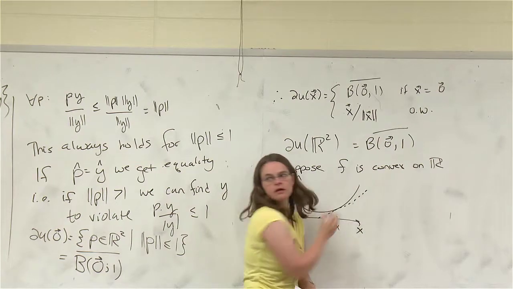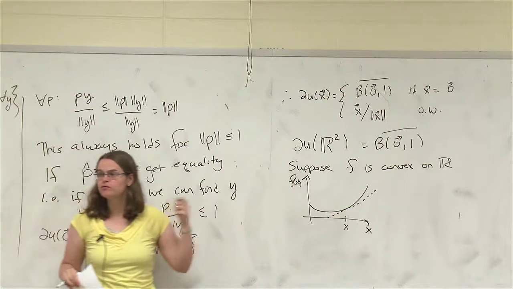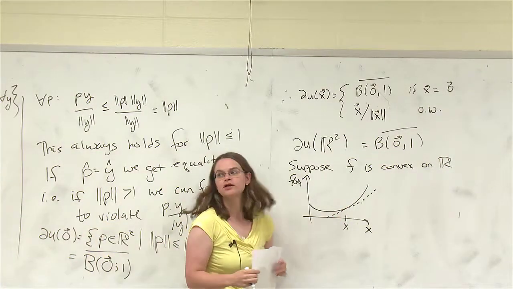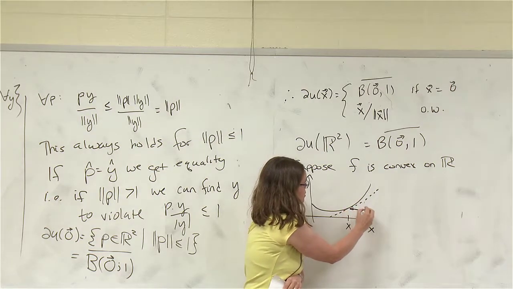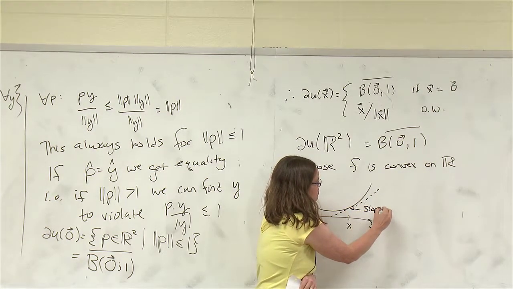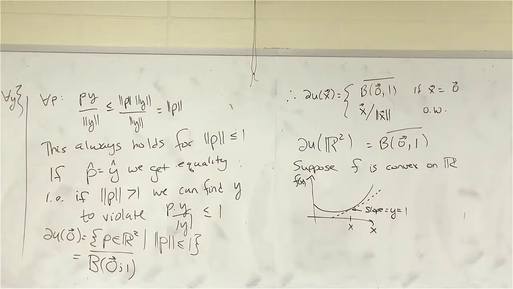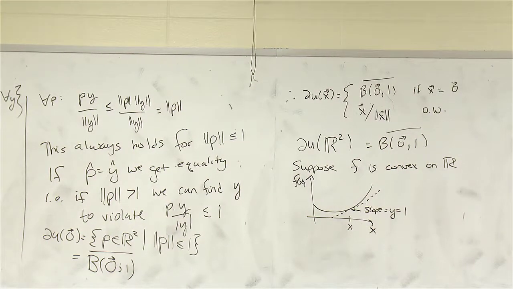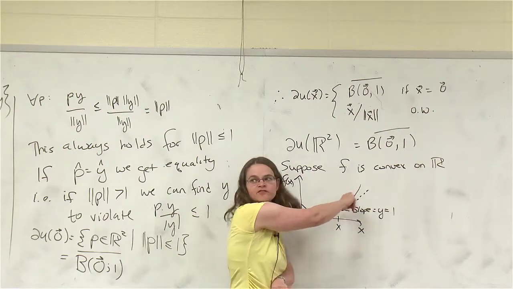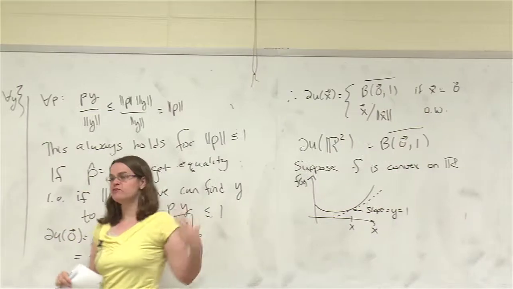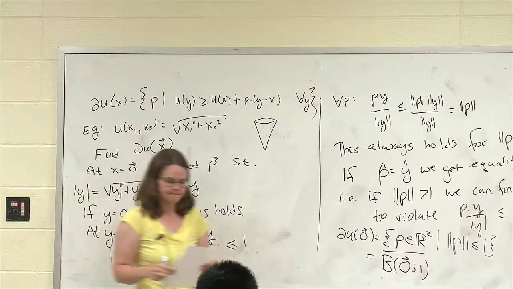Well, if things are nice enough, we have uniform convexity, identifying the slope also uniquely identifies where we are on here. So I might say here, the slope y is equal to 1. And that would be another way of identifying where I am on here. I could say, where's the slope equal to 0? That finds a point. Where's the slope equal to 2? That finds a point. So I could think of these slopes as my independent variable in some sense if I want to.